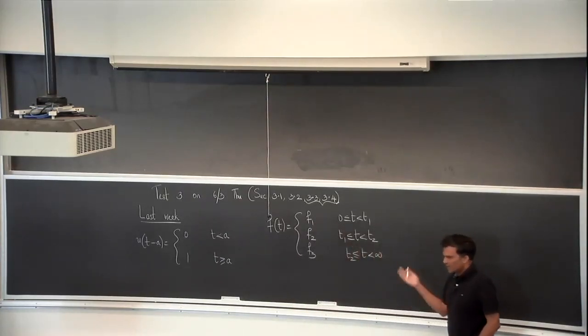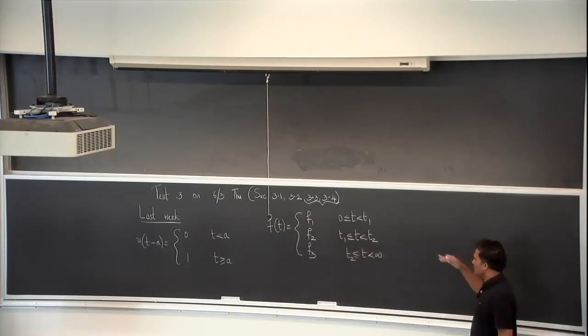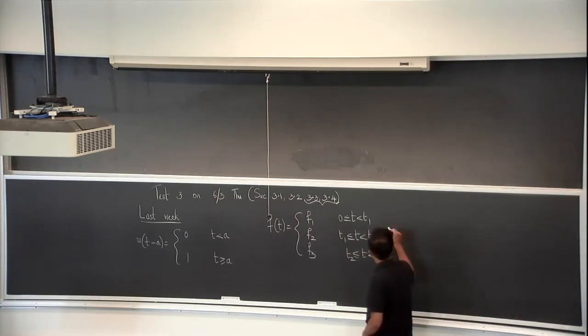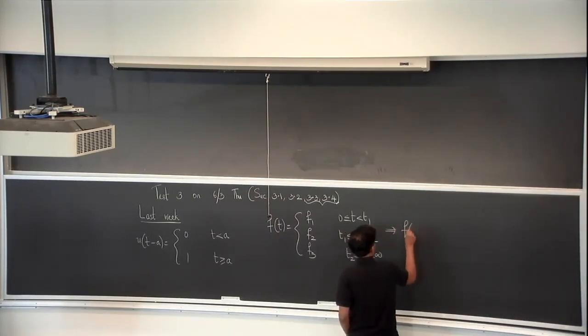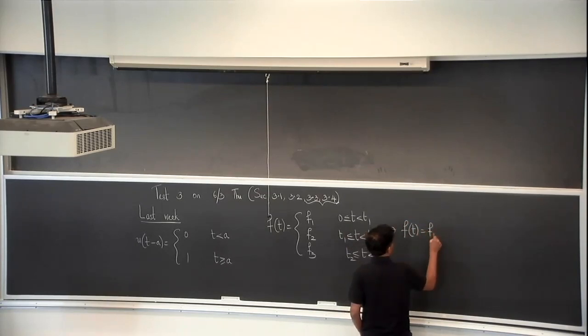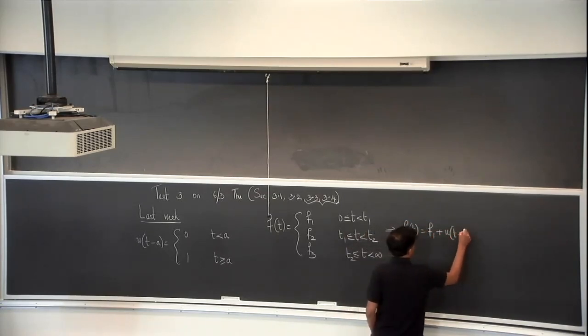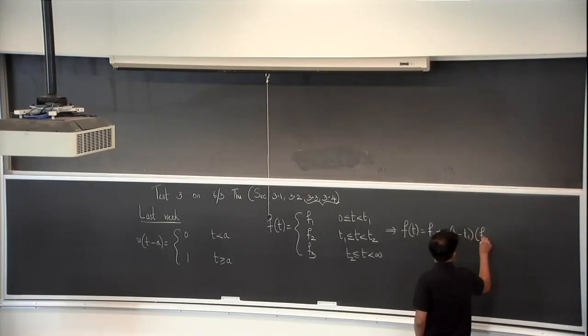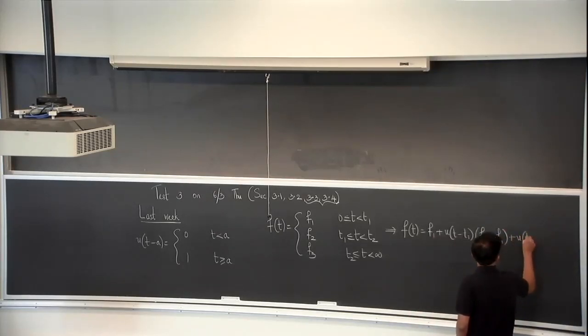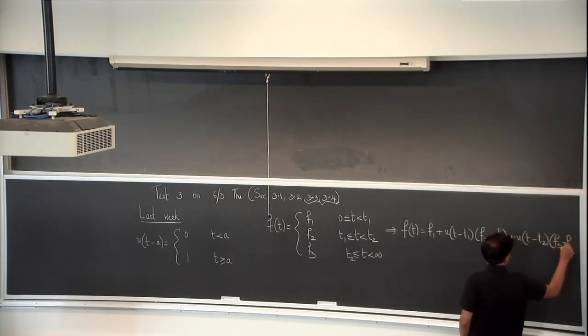So if you have, say, 3 pieces which are continuous by itself, so this is a piecewise continuous function, you could write this as f of t equal to f1 plus u of t minus t1 times f2 minus f1 plus u of t minus t2 times f3 minus f2.